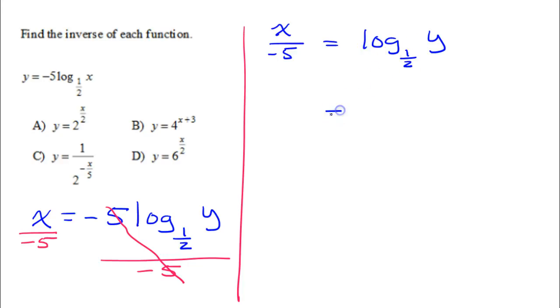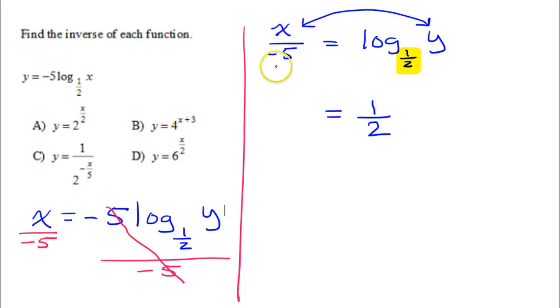So let me just bring down my equal sign. When you convert between log form and exponent form, you always focus on the base. In exponent form, the base is by itself. So I've got a base, and eventually it'll have a power on it. Now, the rest of the equation is going to switch sides.